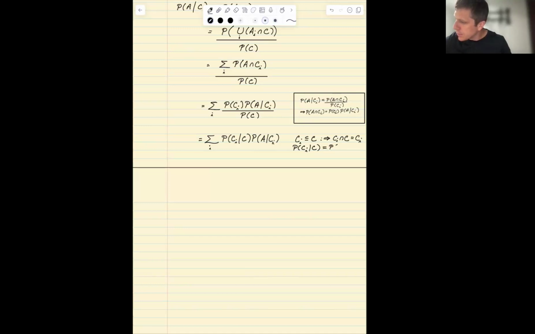So the probability of Ci given C equals the probability of Ci intersect C divided by the probability of C, which is the probability of Ci divided by the probability of C. That's where those pieces come from.